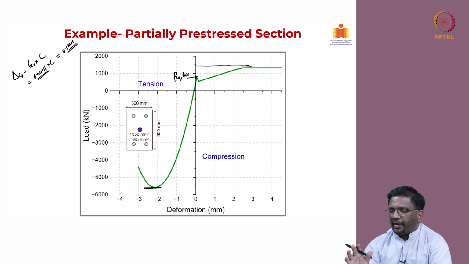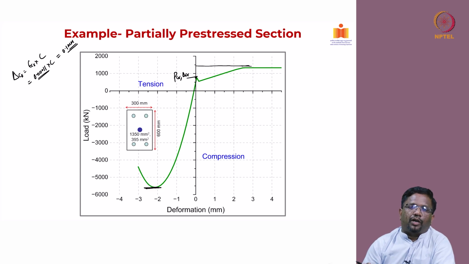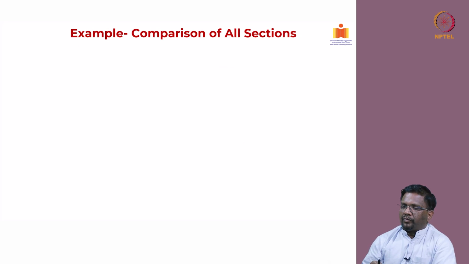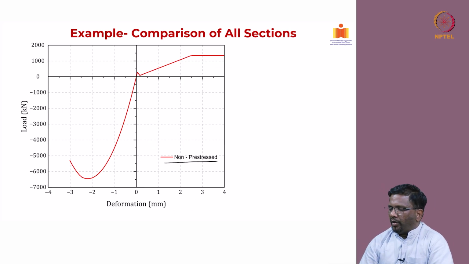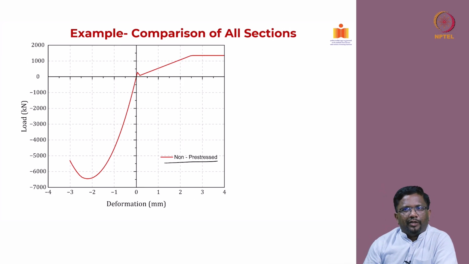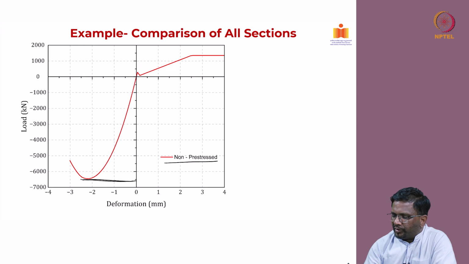Now, let us compare all three of them. Let us see how all three of them look, right. This is the first thing that we did for non-prestressed section, regular reinforced concrete section, and you can see that the compression strength is about, let us say, 6500 or so, right.